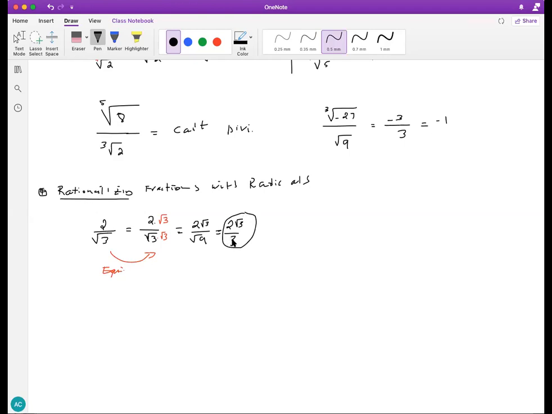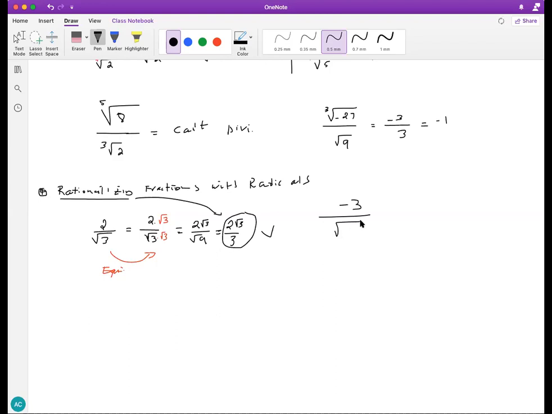We no longer have a radical here, which is good. That's all that we wanted to do. So when you say rationalize something, it means we don't want the radical to be in the denominator. Even though it's still a fraction, that's exactly what rationalize means. So again, just times the fraction by itself, and the radical will go away.